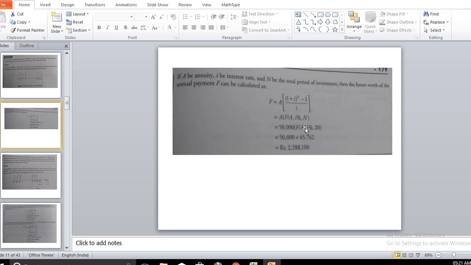Now this bracket we can simplify by solving it, and you will get 45,762. So the total amount becomes 22,88,100 rupees. This example is based on finding the future value for a particular given annuity.